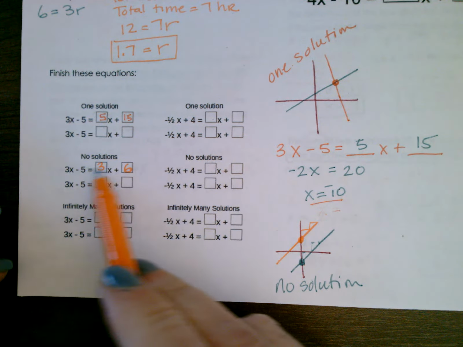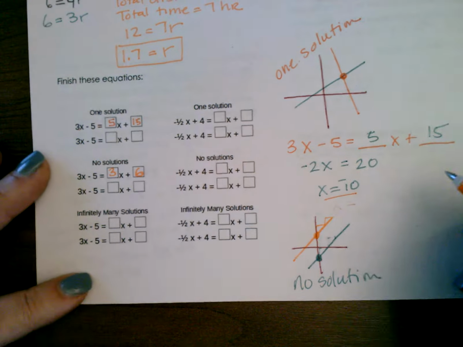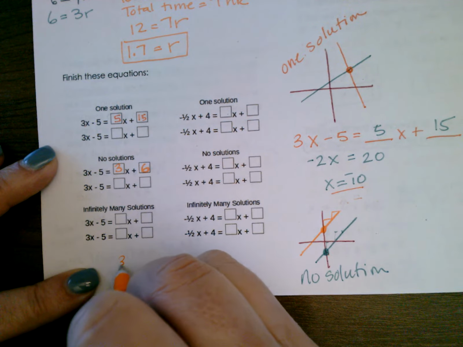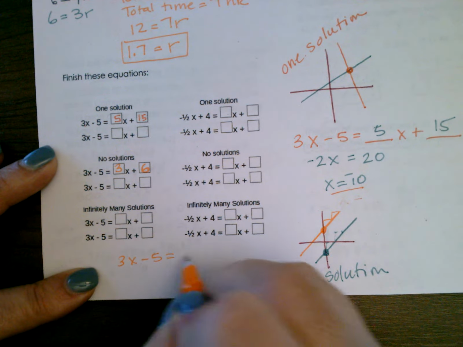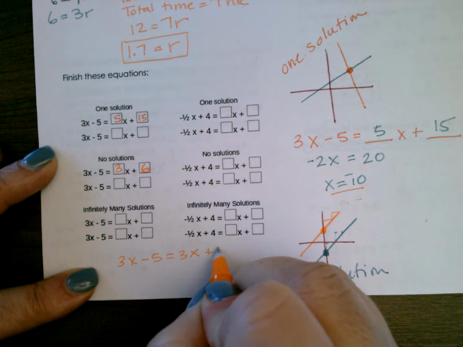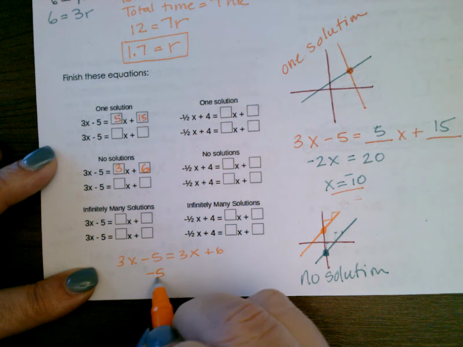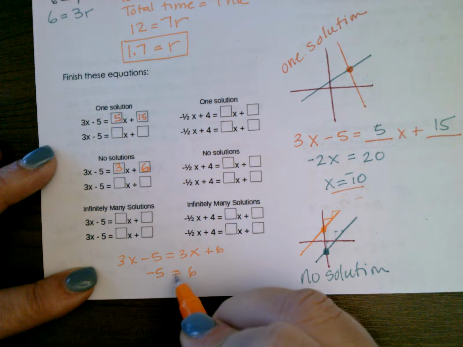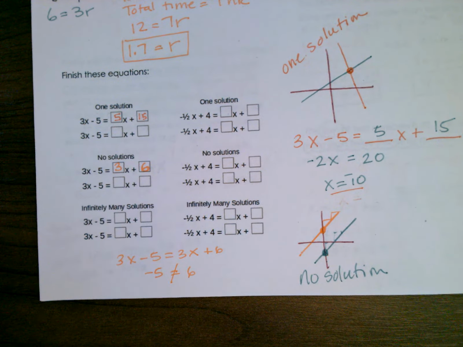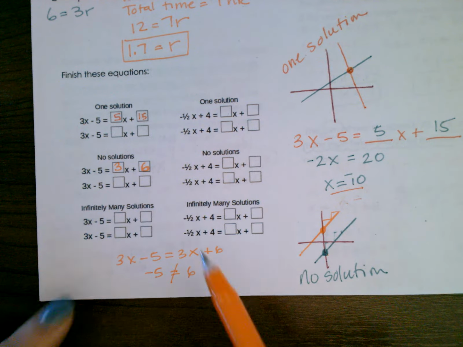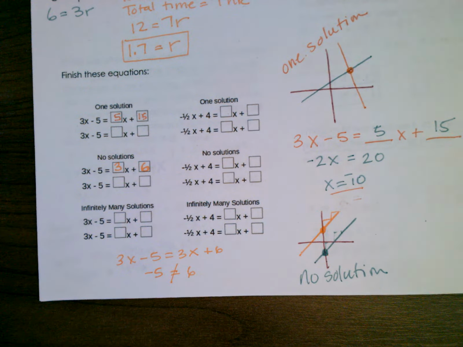If I were to solve those, I would end up over here with 3x minus 5 equals 3x plus 6. Subtract 3x from both sides, and we talk about how this doesn't work. That is not true. Therefore, there's no solutions because the x's have disappeared.